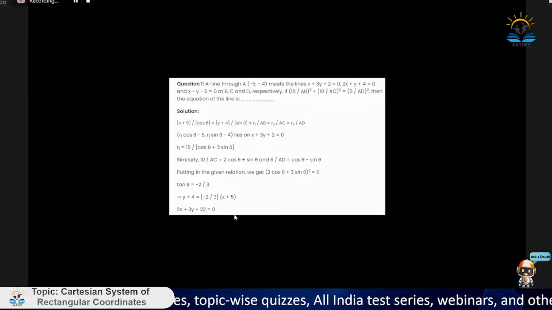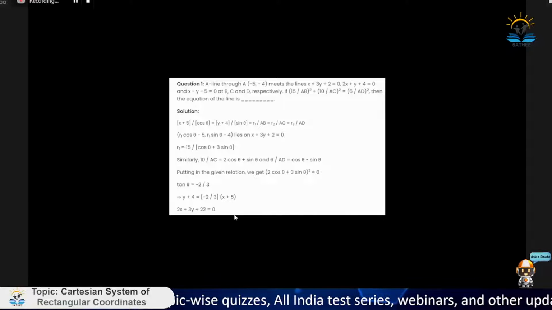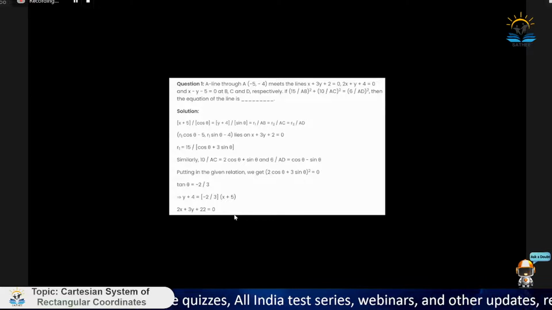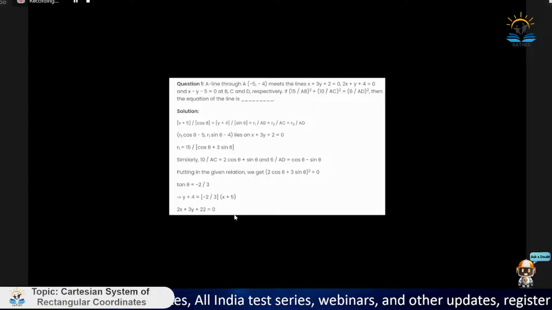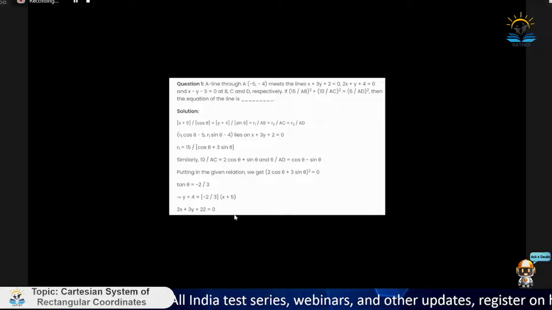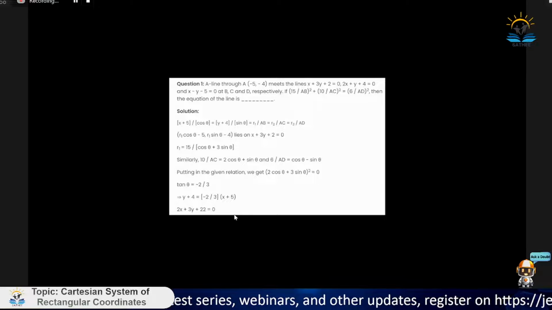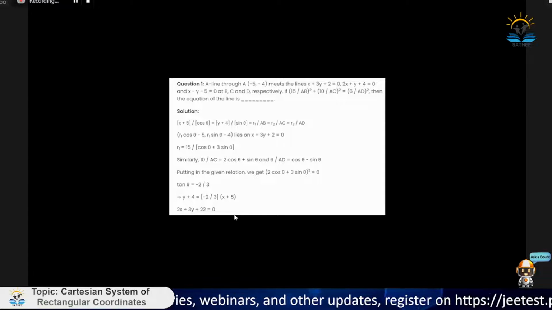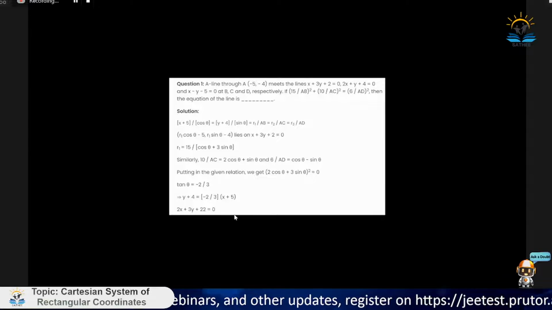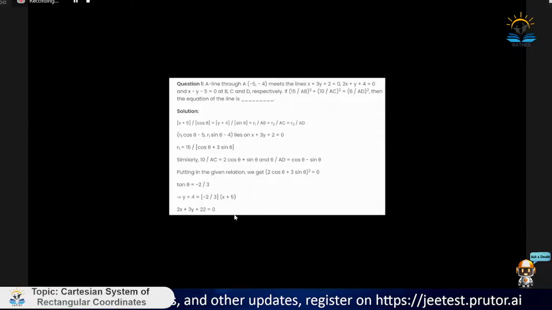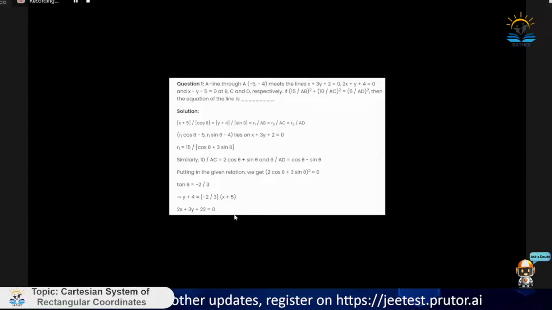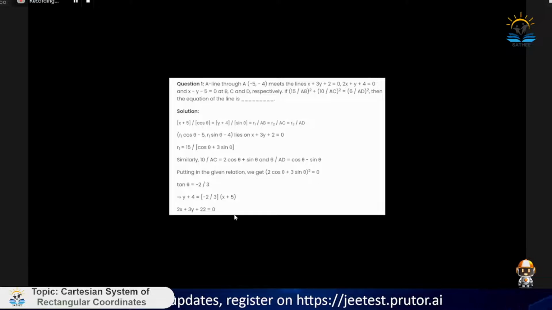So from there, you'll see that r1 equals 15 by cos theta plus 3 sin theta, where r1 is AB. So 15 by AB would be cos theta plus 3 sin theta. And similarly, you'll get 10 by AC and 6 by AD. And when you put these terms in that relation, you will get tan theta equal to minus 2 by 3. So from there, you got the theta value.